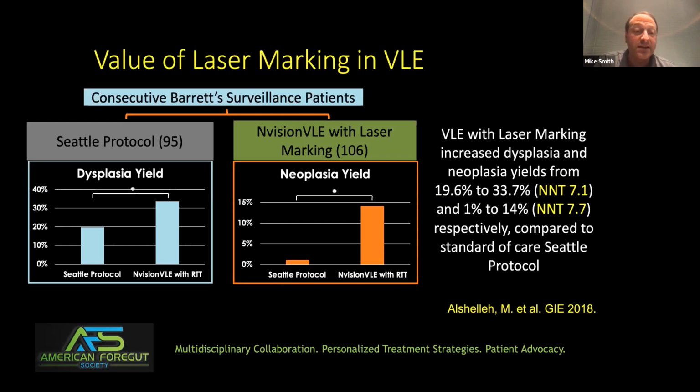You can see that the yield of both dysplasia and neoplasia by adding in the real-time targeting, the other name for laser marking, was statistically significant in both of those groups, for dysplasia and for neoplasia, when you compared the laser marking group to the group that only had Seattle protocol biopsies. And so adding that in needs to be taken into account as you think about those initial results with that 1,000-patient study where the laser marking was not available.